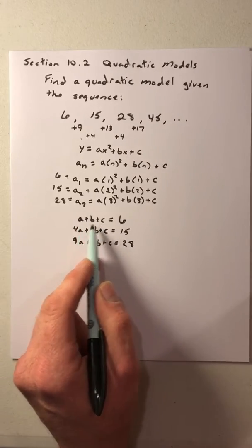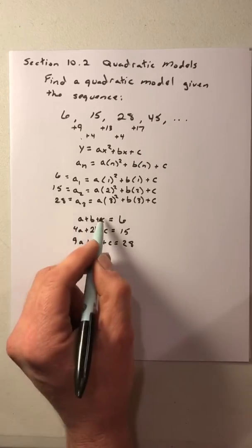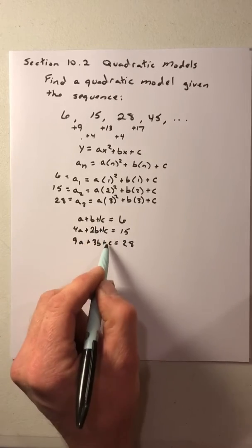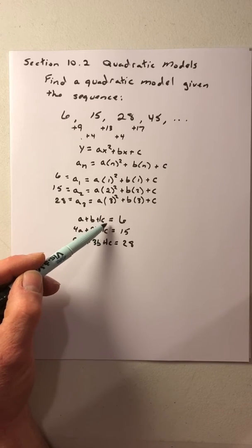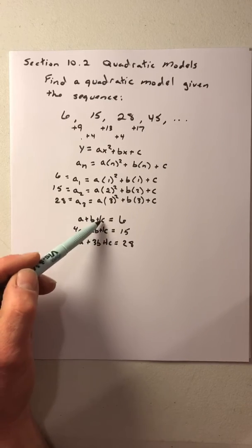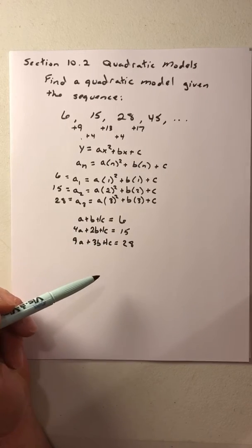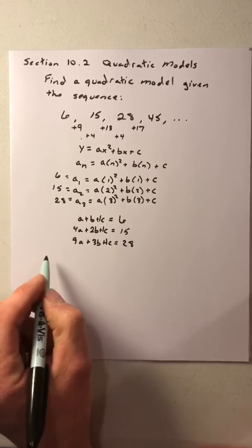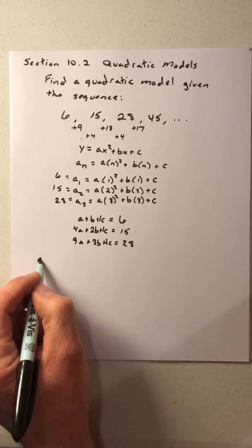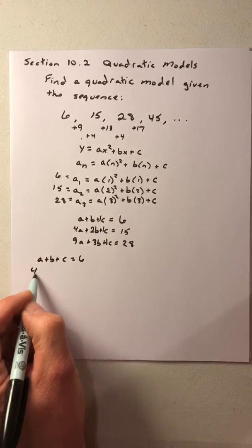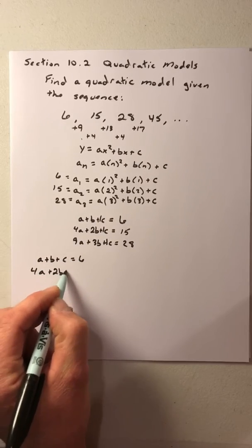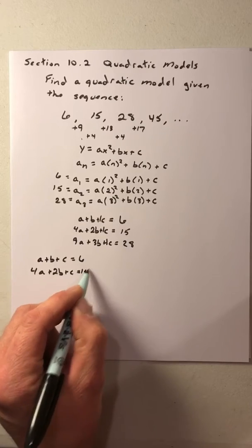If I notice, my c's all have a coefficient of 1, so it's going to be fairly easy to eliminate those c values in whichever two equations I pick. So I'm going to take my first two equations, a plus b plus c equals 6, and 4a plus 2b plus c equals 15.